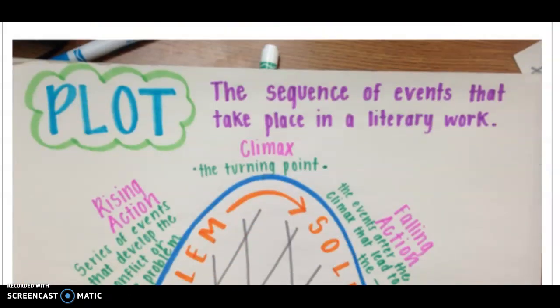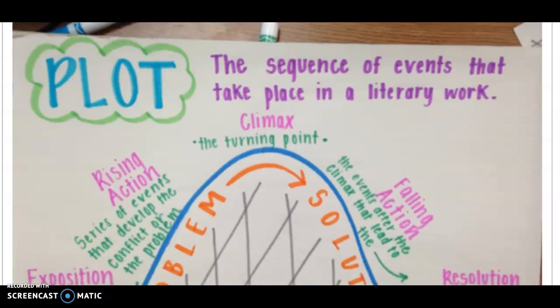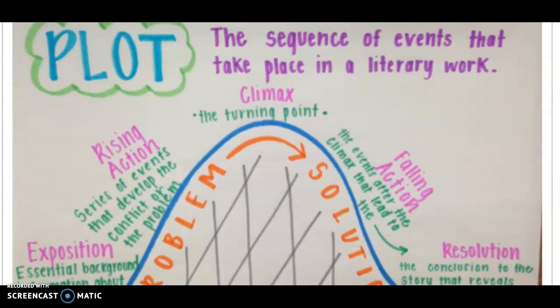As I said before, dramas are nothing but stories that are performed on stage. So just like a regular fictional story has a plot, so does a drama. The plot is the sequence of events that take place in a literary work. You have seen this particular roller coaster many times this year.